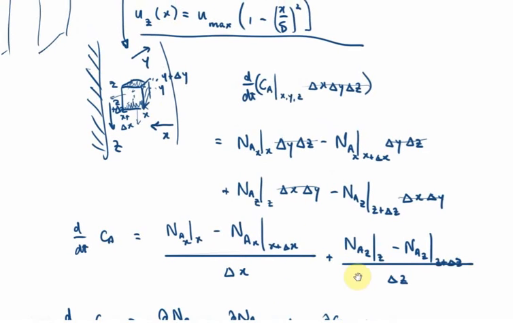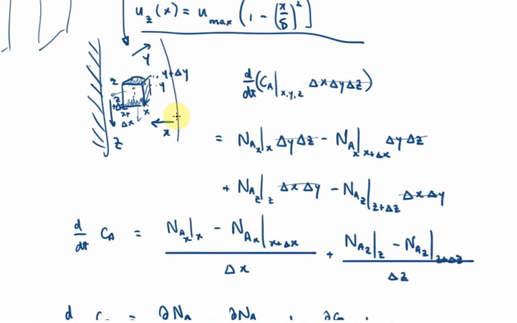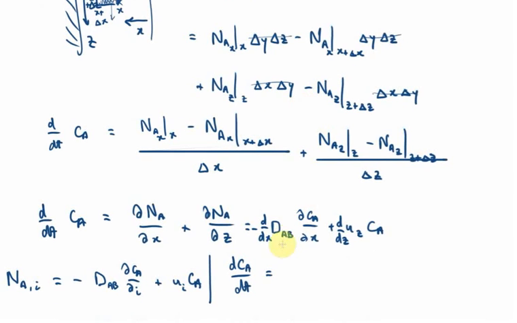If we imagine in the X direction the temperature is approximately constant, then the diffusivity will be the same at all those X positions. So we can take that out as a constant of differentiation. So this is ∂²CA/∂x².